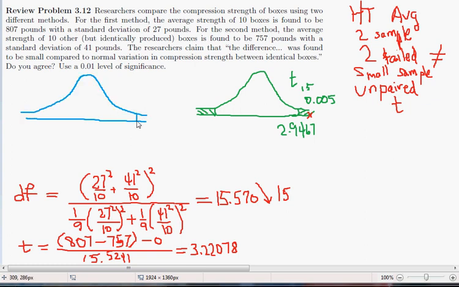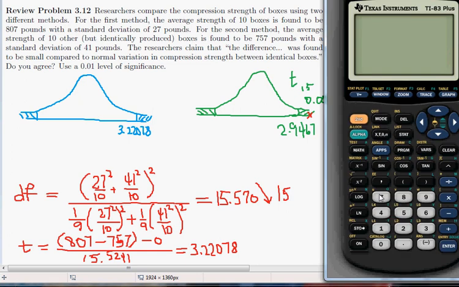The second thing that we can do is find the p-value. So here's 3.22078. Then we find the area to the right and also the other area on the left that matches it. Now that we can do on the calculator, on a TI-83 even. So let me show you how to do that. Second distribution, tcdf, 3.22078 to 10 to the 99.